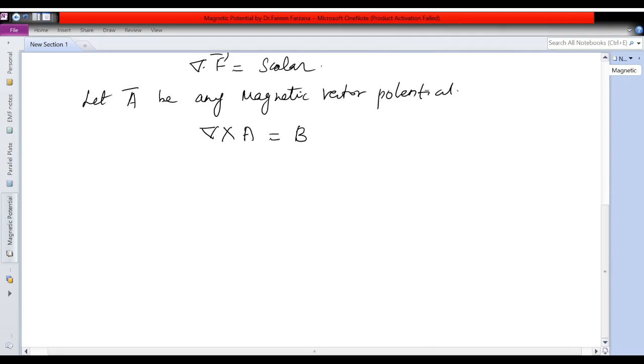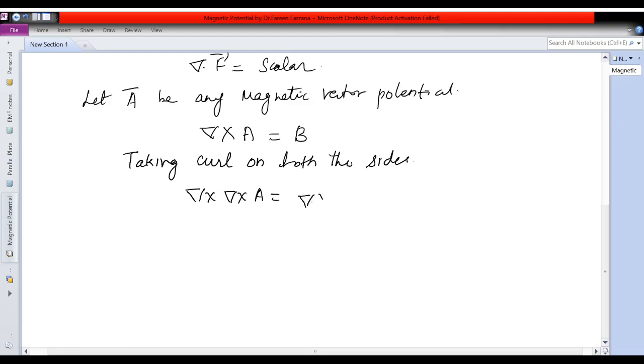Now this is your basic equation. I am going to take curl on both the sides. Again, taking curl on both the sides, del cross A is equal to del cross B. This is our first equation.